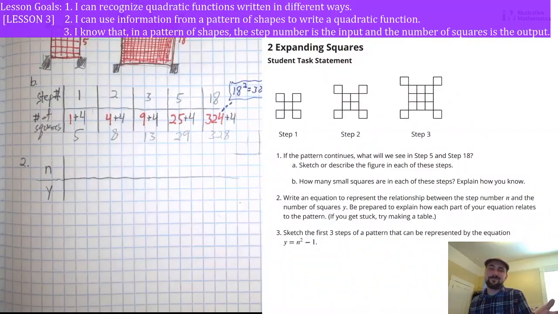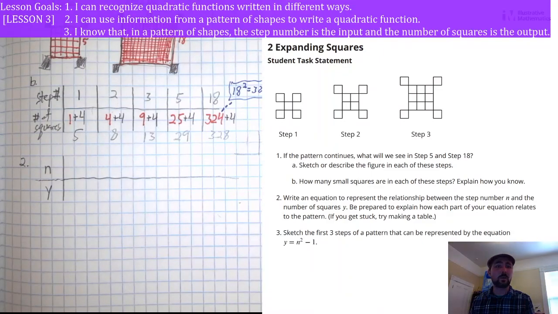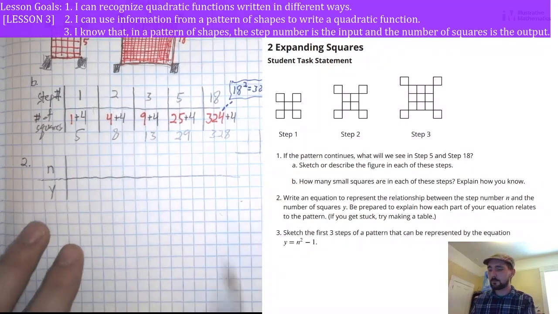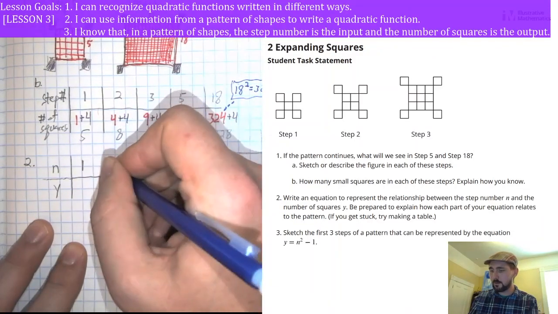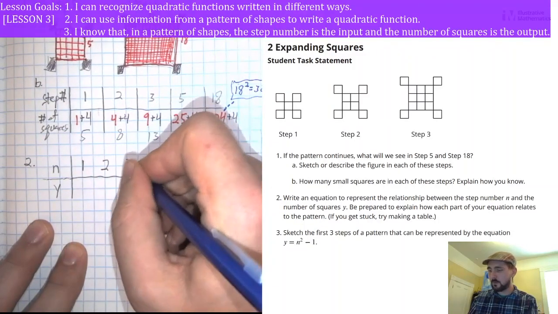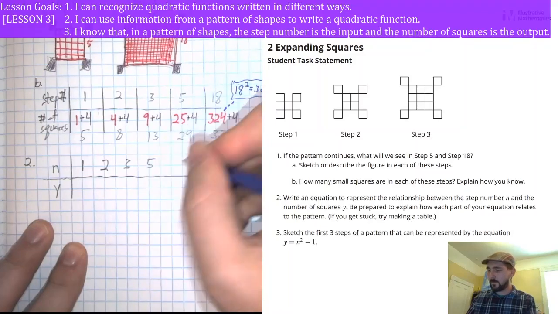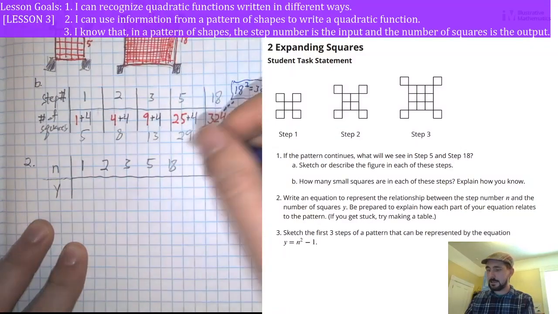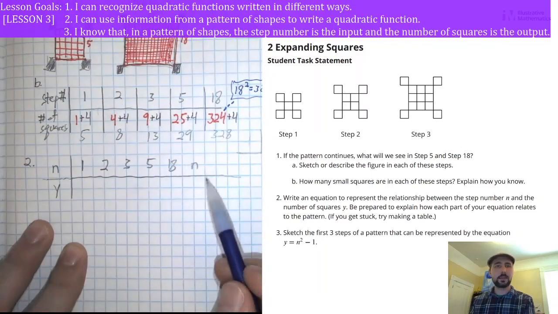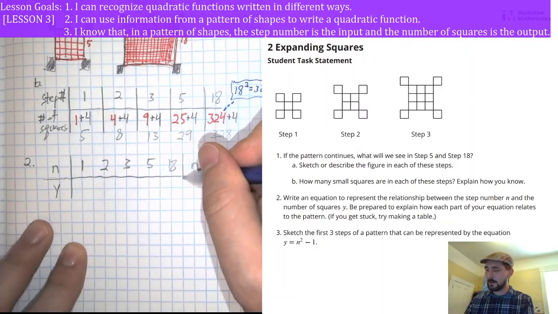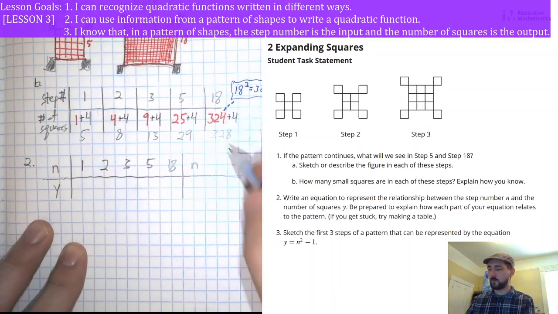Why not s and t or x and y? Who knows? Those sound like fine options to me, but they want us to use n and y, so let's use n and y. So the step numbers are still the same, right? 1, 2, 3, 5, 18. And now here I'm going to repeat the n because this spot right here is where we're going to try and build a rule.